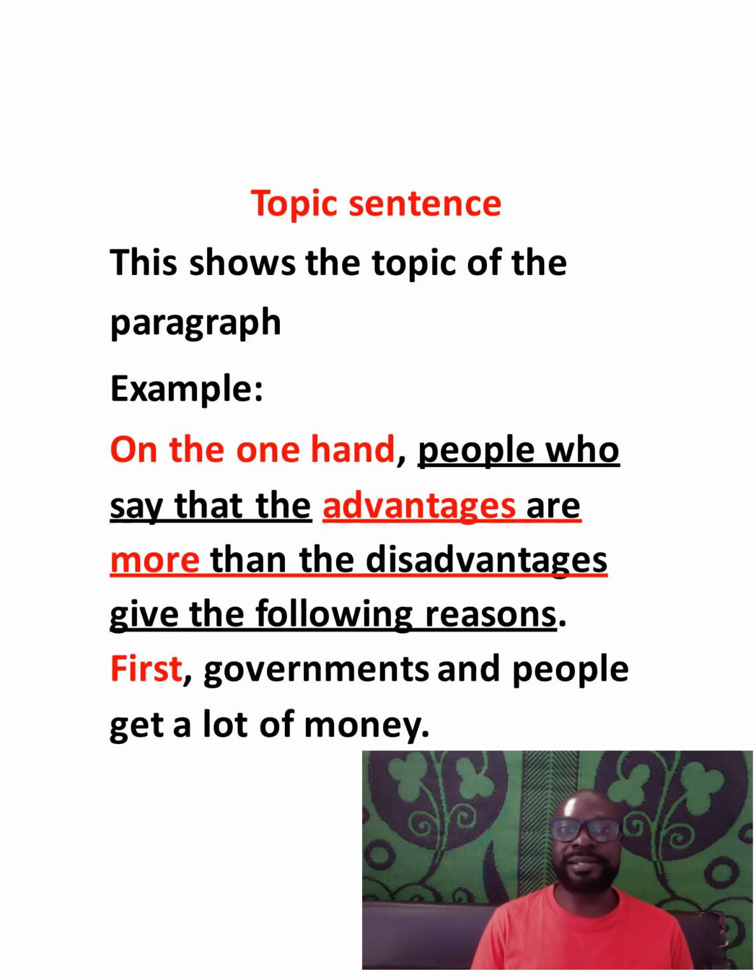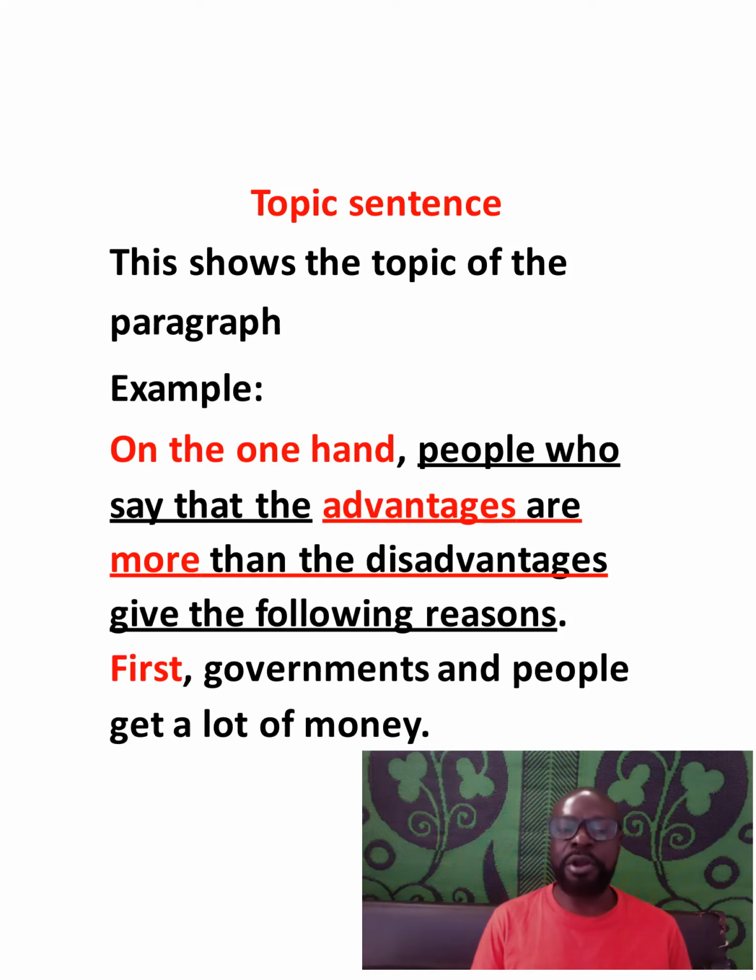Topic sentence. After the first signpost, we go to what we call the topic sentence. This shows the topic of the paragraph. In a paragraph, the most important sentence is the topic sentence because it shows what the paragraph is about.